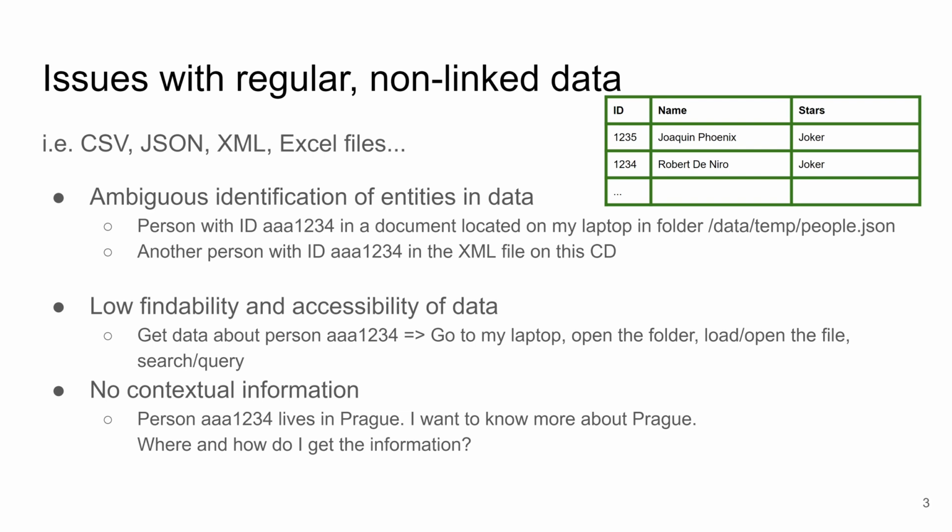And finally, there is lack of contextual information, because when I finally get to the data and I see, for instance, 1234, Robert De Niro stars in Joker, well, I don't know which Joker movie this represents, and again, I don't know where to get the data about the movie. I don't have the context.